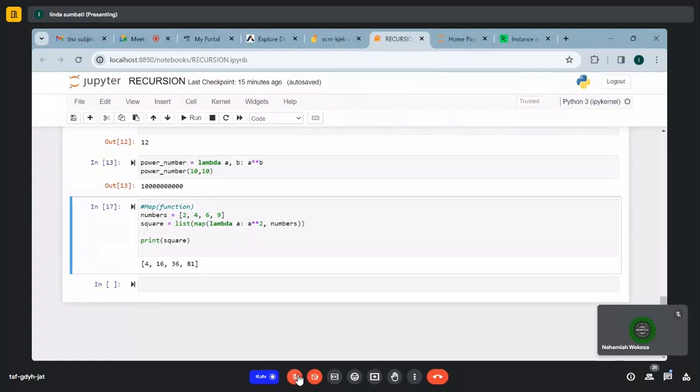Is map only used with lambda, or can it be used with any other function? Yeah, I'm not sure. But I think because it's an inbuilt function in Python, then it can be used in various ways.